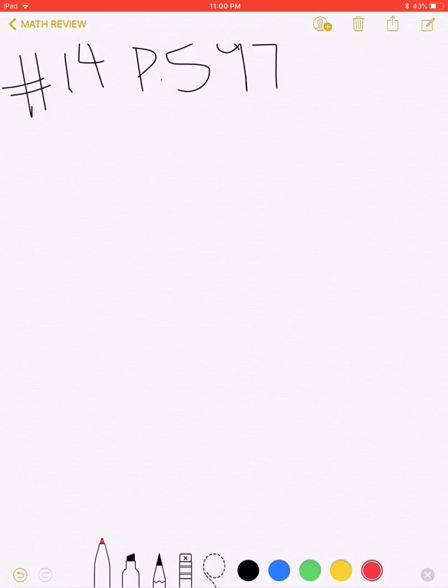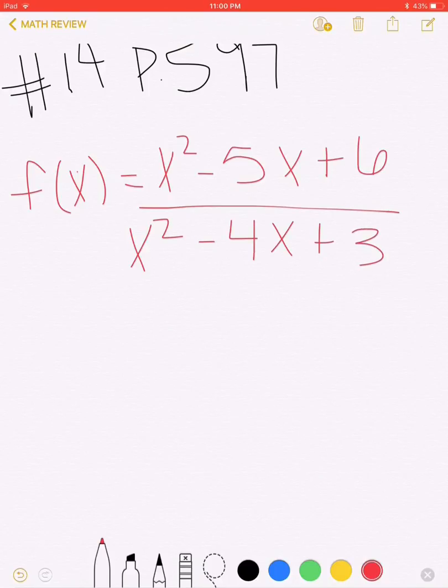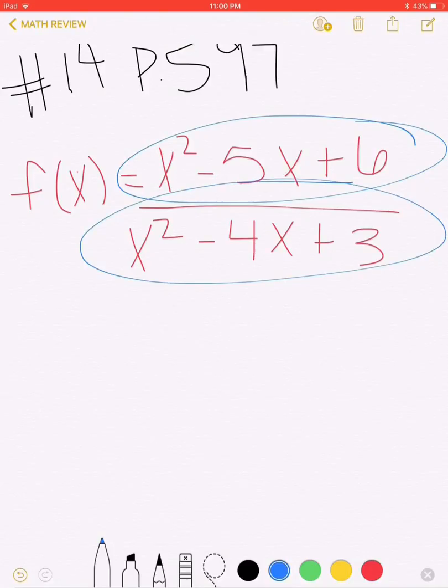So again, the starting equation is f of x equals x squared minus 5x plus 6 over x squared minus 4x plus 3. And you're going to factor both the denominator and the numerator, because both of them are able to be factored.